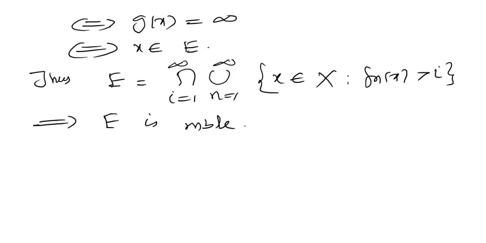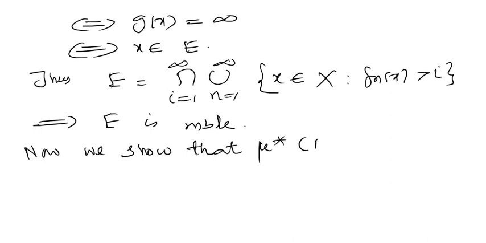Okay, this set is measurable, which implies that the set is measurable. Okay, so now we show that mu star of E is equal to 0.